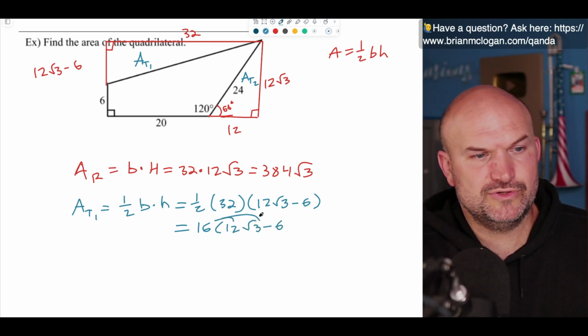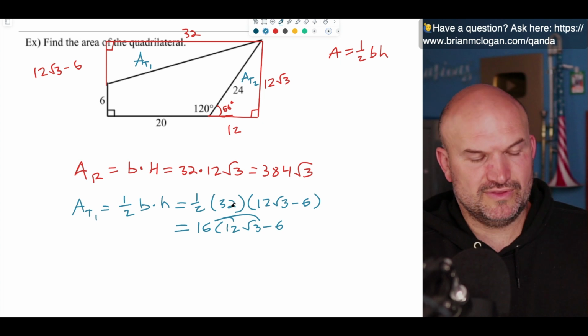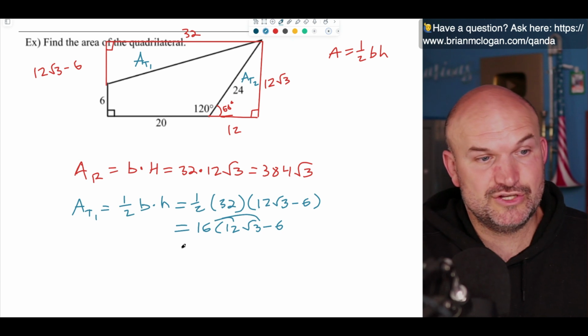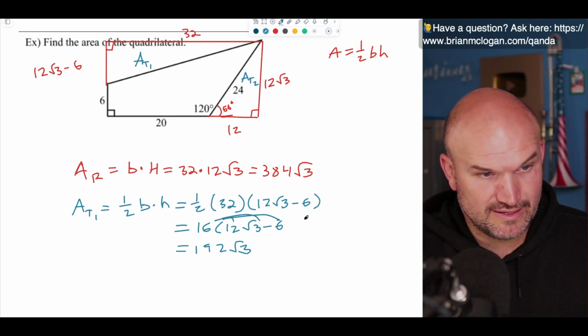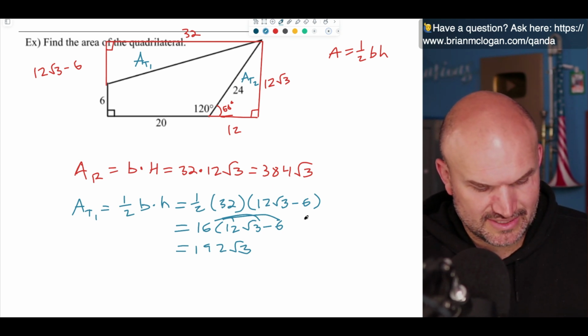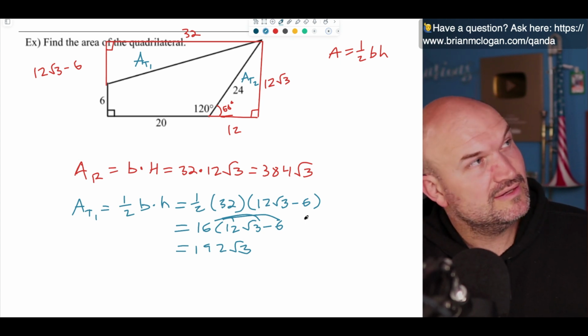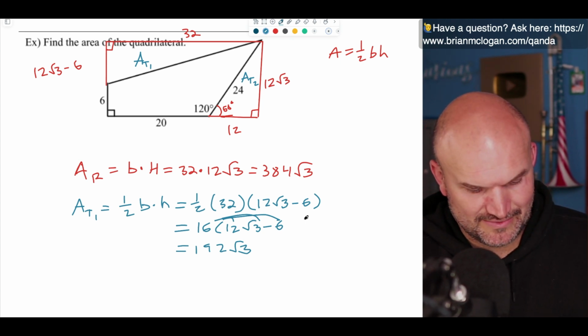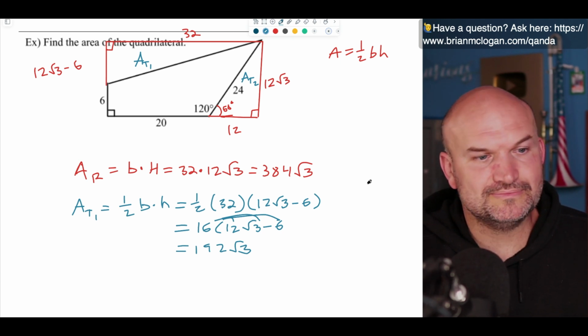Then I'm going to distribute that to both of them. 16 times 12 is 192, so 192 times the square root of 3, and then 16 times 6 is 96.